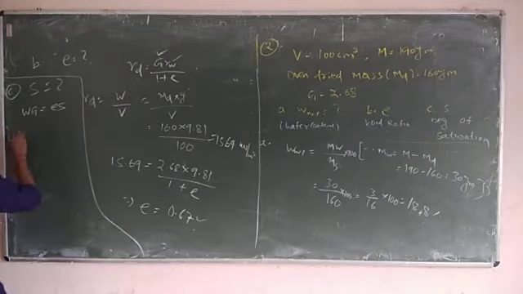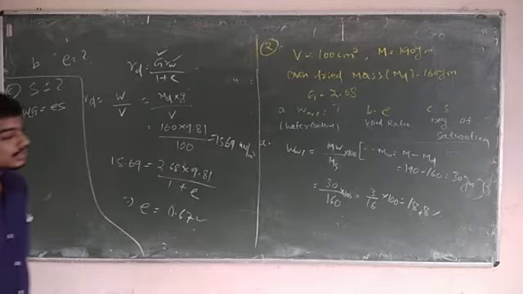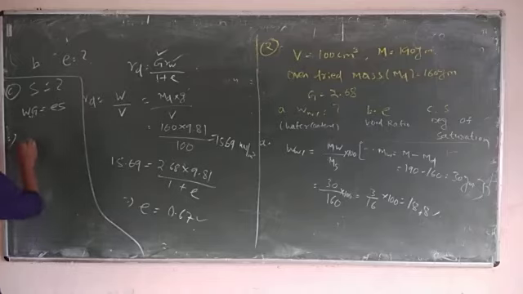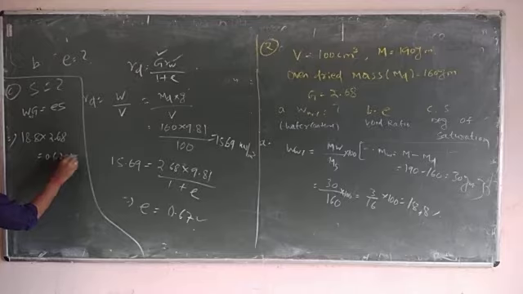So what is the value of water content? Water content value is our 18.8%. G is 2.68 is equal to E means 0.67 into S. So S is the only unknown.